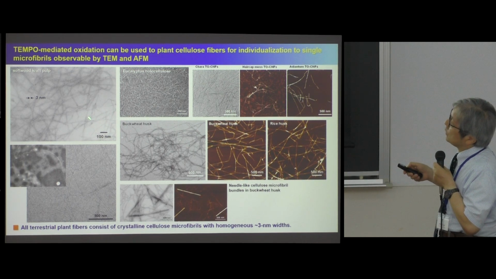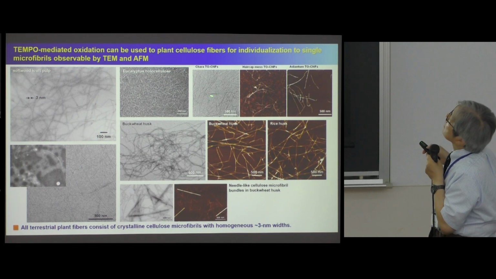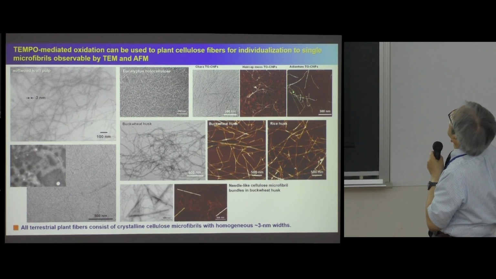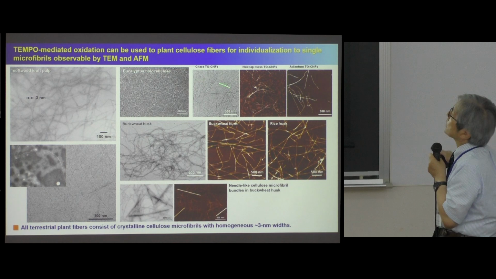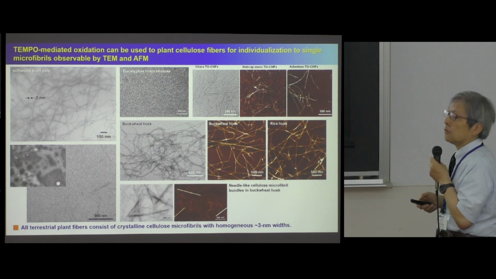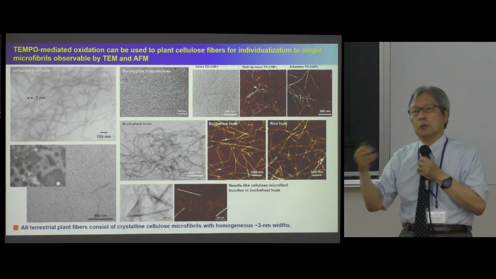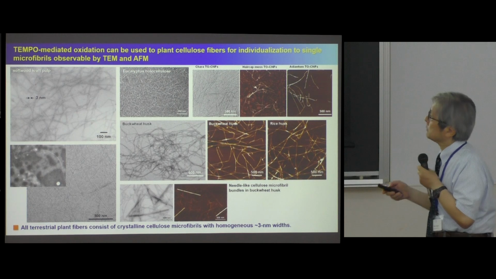Then wood cellulose, eucalyptus, chara, sea algae, haircap moss, adiantum, rice husk, buckwheat husk. Almost all cellulose microfibers are the same, 3 nanometers. It must be produced by biosynthesis using the same mechanism.